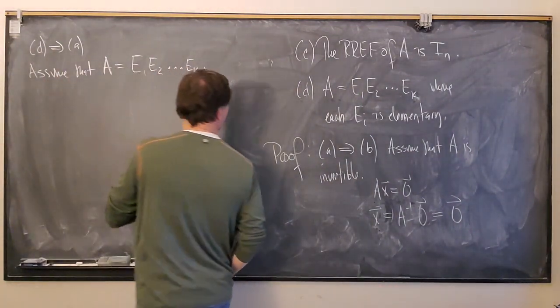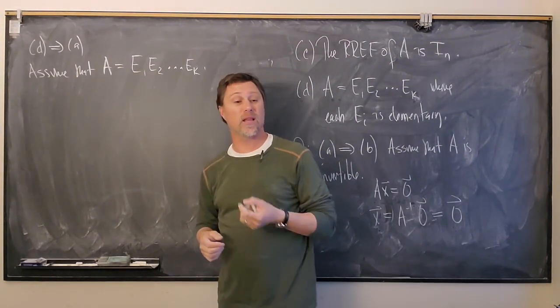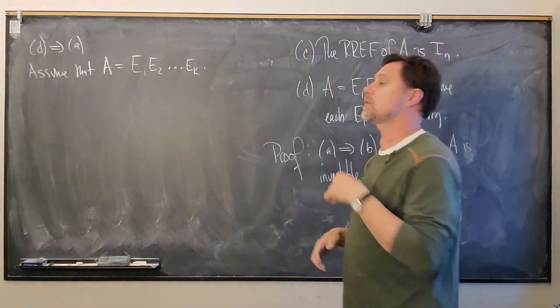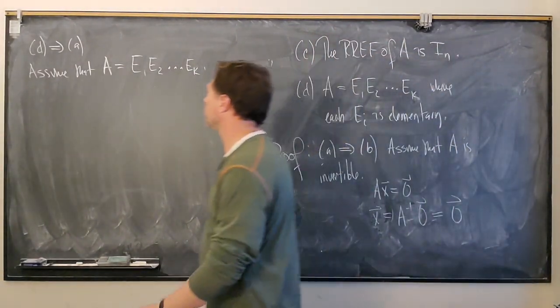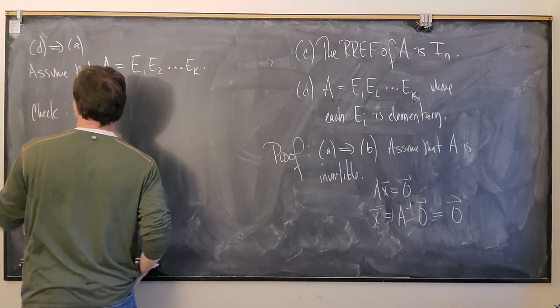We said just a minute ago, that was our observation, that each of these matrices right here, each elementary matrix, is an invertible matrix. So E1 inverse exists, E2 inverse exists, and so on. So I'll just say check. This is pretty easy to see. Check.